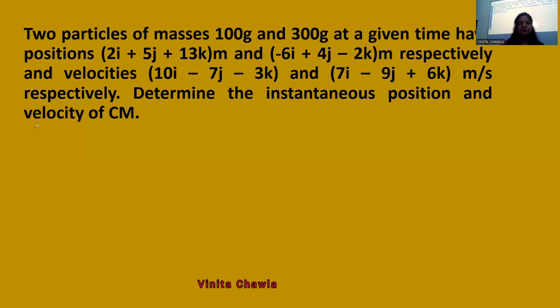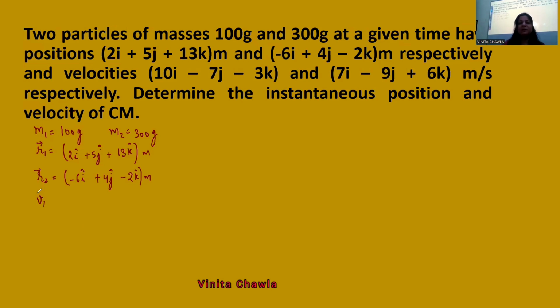So m1 is 100 gram, m2 is 300 gram, vector r1 is given, vector r1 is 2 i cap plus 5 j cap plus 13 k cap, vector r2 is given, it is minus 6 i cap plus 4 j cap minus 2 k cap. Position vectors, they are in meter, and velocities are given.